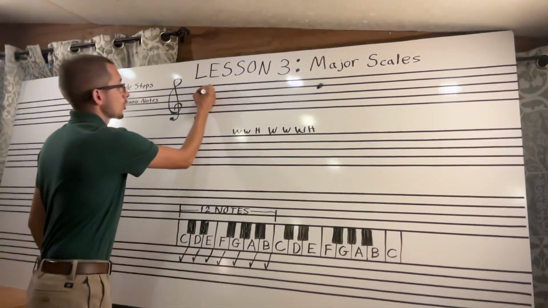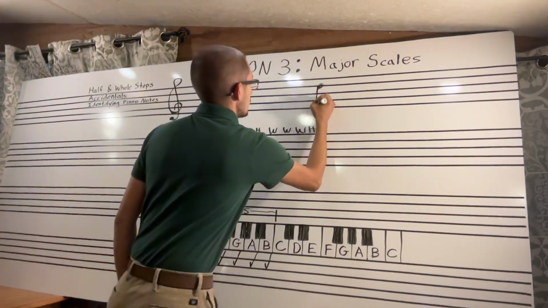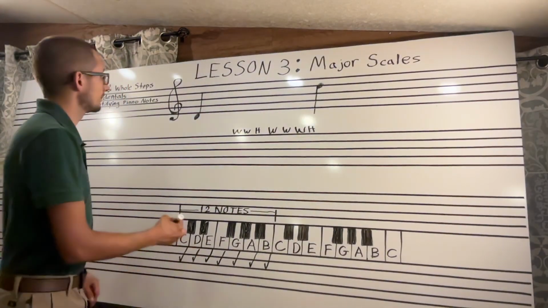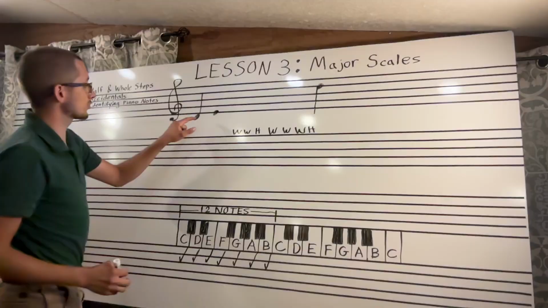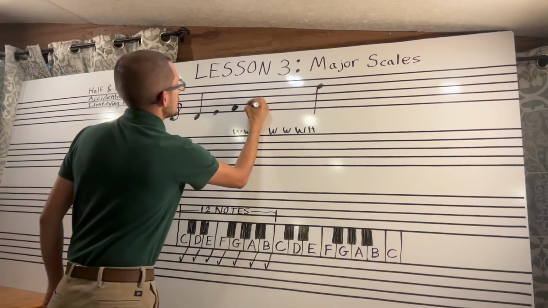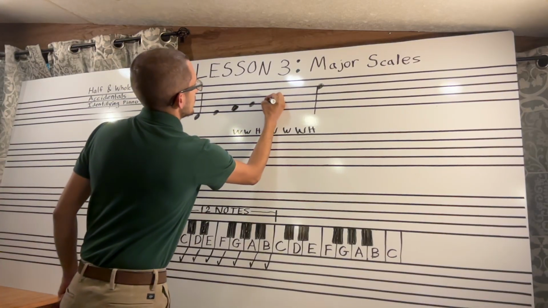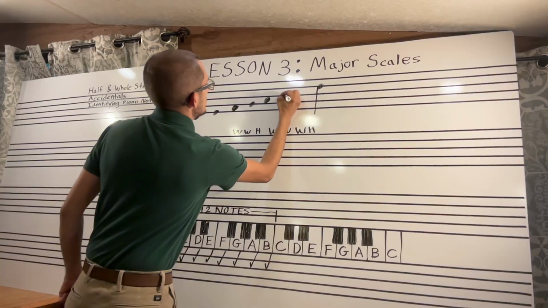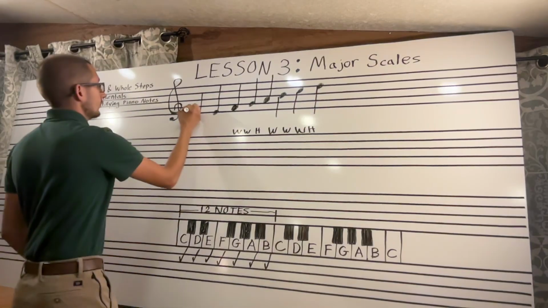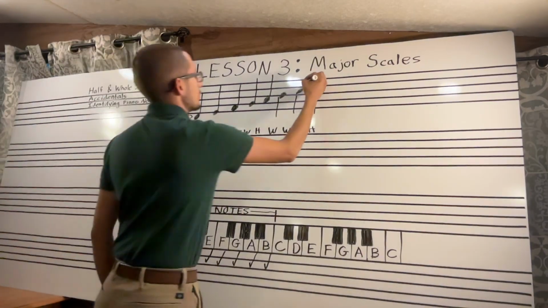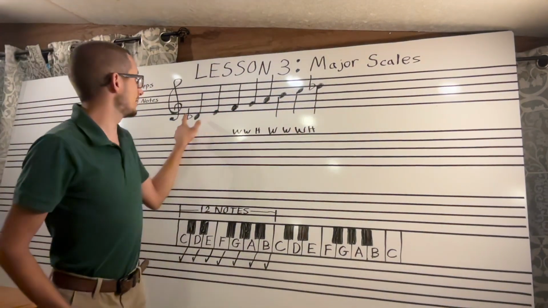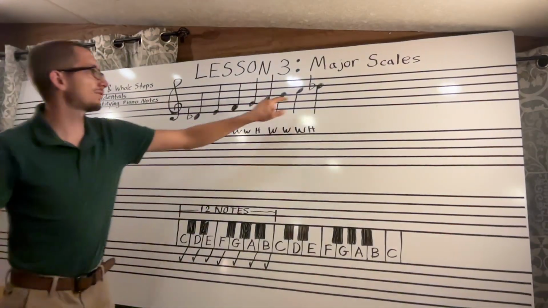Now remember, before we draw any flats or sharps, we need to just take care of each line and each space from D to D. In our D flat major scale, we'll have some sort of a D, some sort of an E, some sort of an F, some sort of a G, whether they be flat or sharp, some sort of A, some sort of B, and some sort of D. Alright, so we want to write our D flat major scale. So we'll put a flat sign on this D and this D to make them D flats.